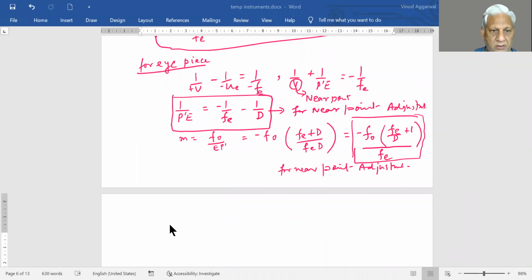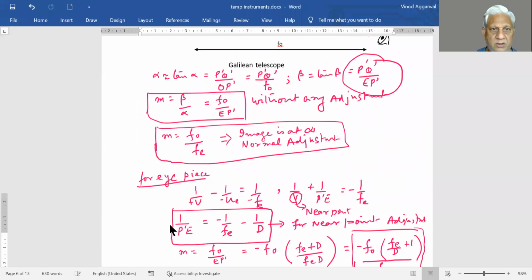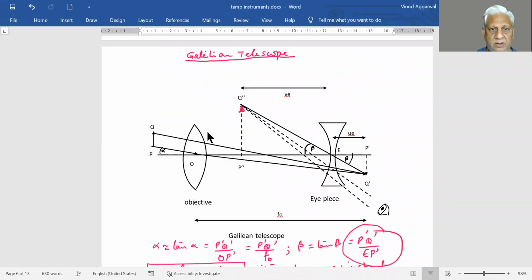Now, if you want to find out the length of the telescope, what will it be? The length of the telescope will be the distance between the objective and the eyepiece, which will be OP dash, this distance, minus this distance, which is EP dash.